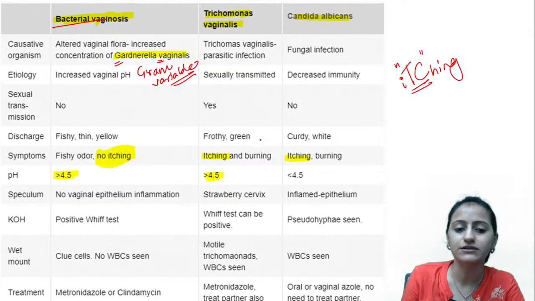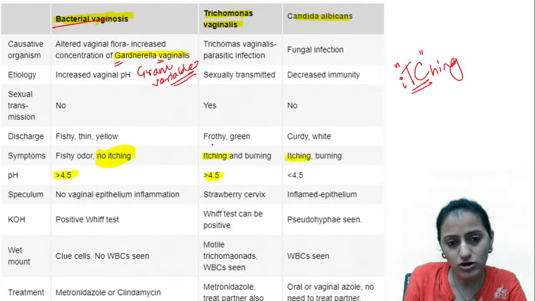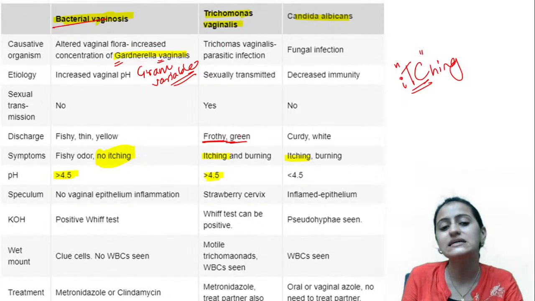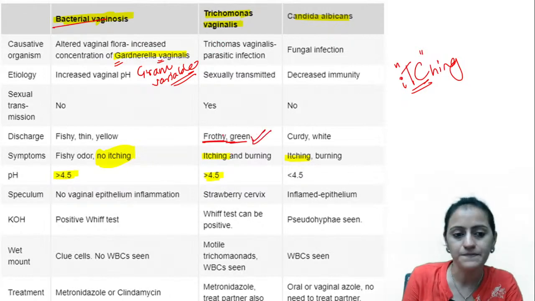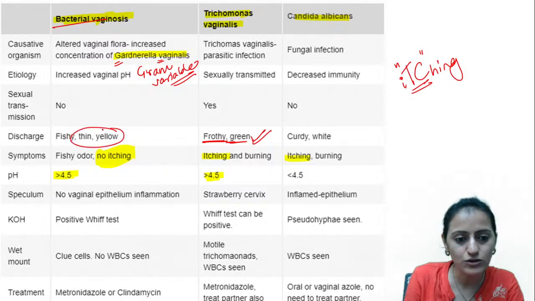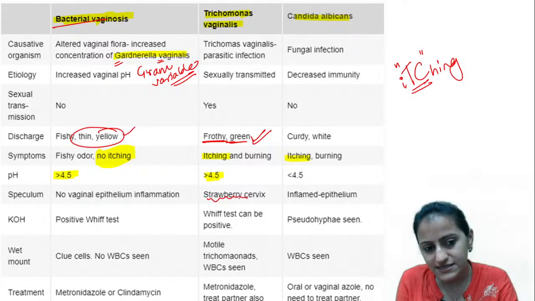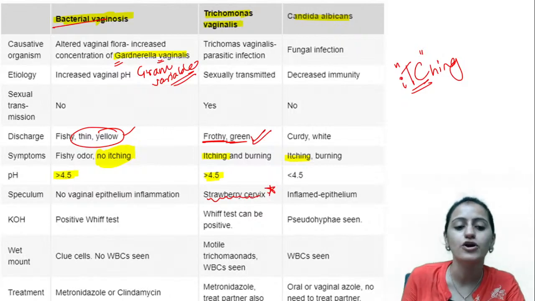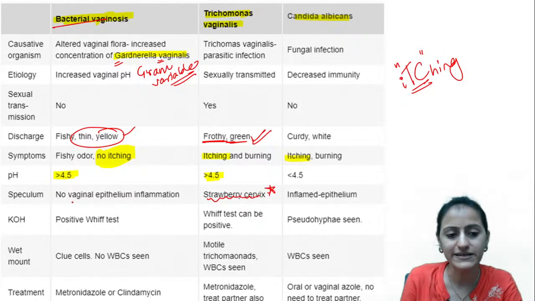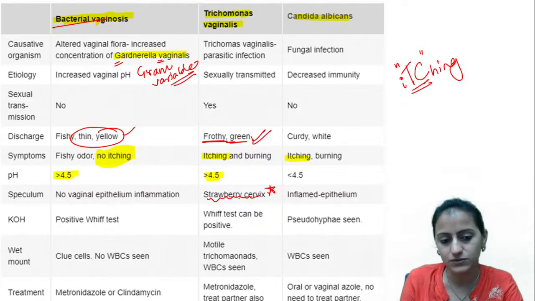Bacterial has no itching. Trichomonas classically has frothy green discharge. Look at the color: bacterial is thin yellow discharge, while this is frothy green discharge. Strawberry cervix is an important clue for trichomonas. Here there is no inflammation.